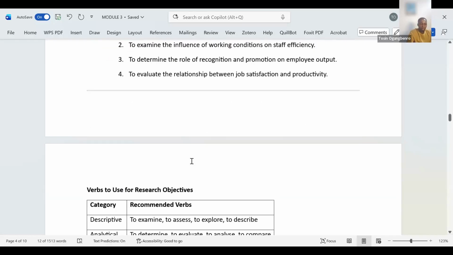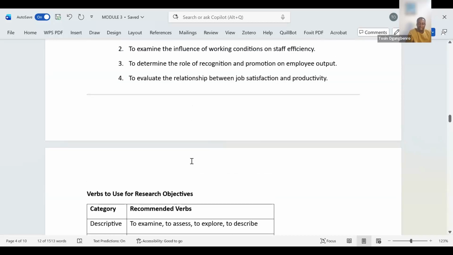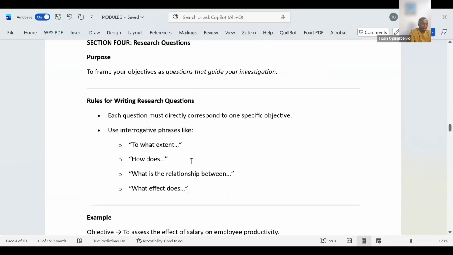So your research objectives and your research questions must align. They must not be disparate. Your objective one cannot be saying something and your research question one saying something else. There must be alignment.